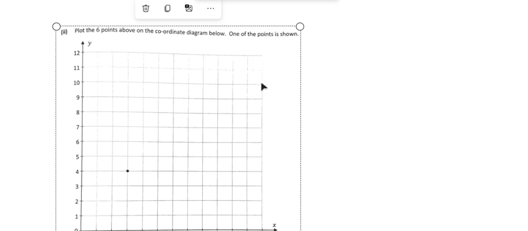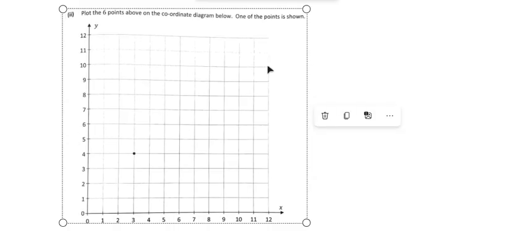Right, so first one was 1, 12. That's there. 2 times 6, so 2, 6. Then 3, 4 is there already for us. Just make it a bit bigger. 4, 3 will be here.